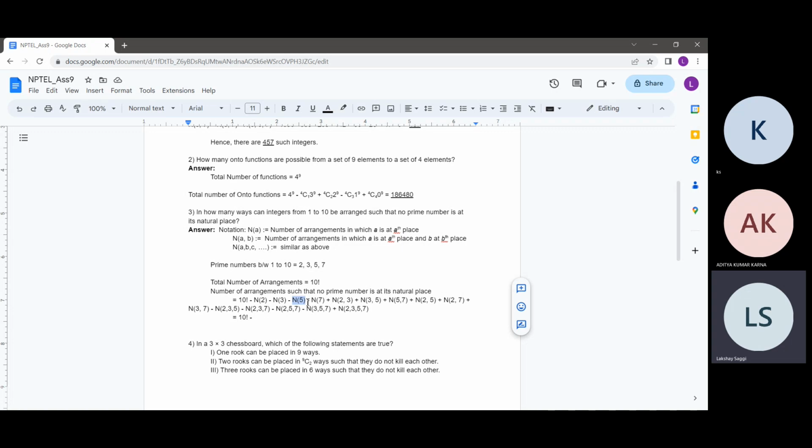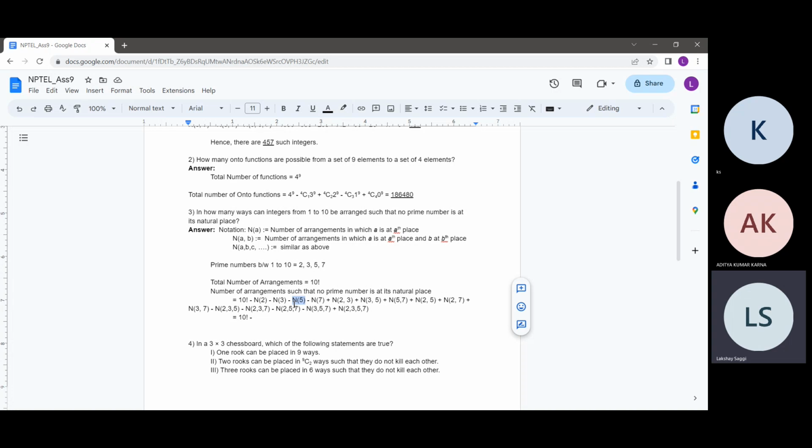So they can be arranged in any order in the remaining places. The only thing which has been fixed is that 5 has to be at the fifth place and every other number can be in any manner. So if we have fixed 5 at the fifth position, then there are only 9 remaining positions and 9 remaining numbers. Since they can be put in any position, this will come out to 9 factorial.